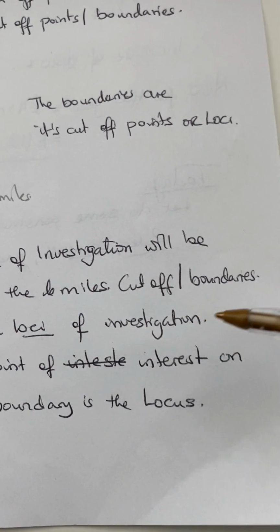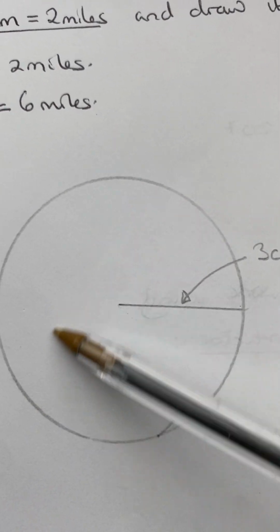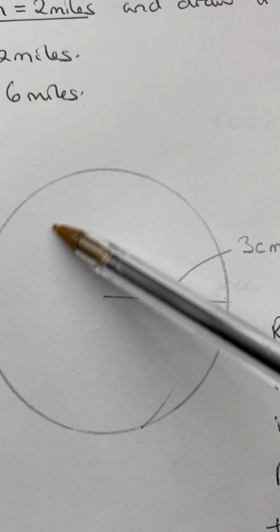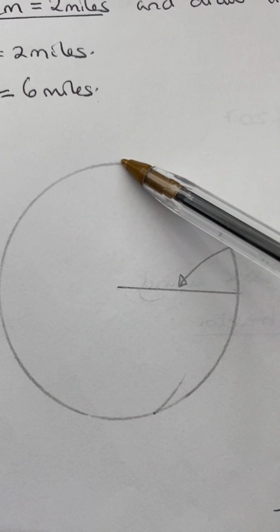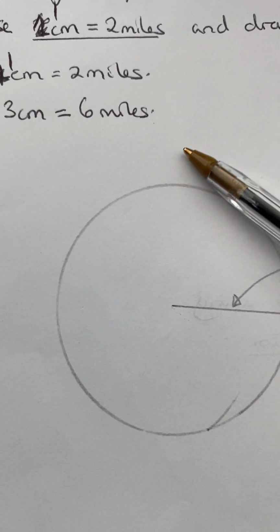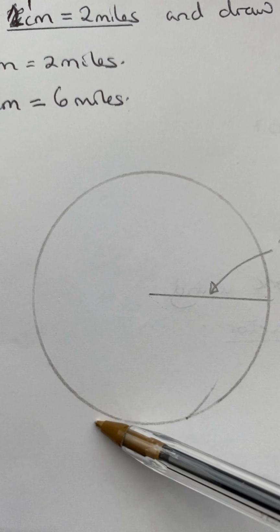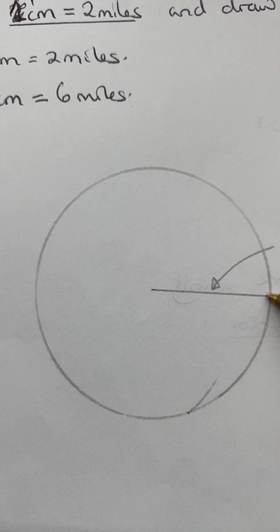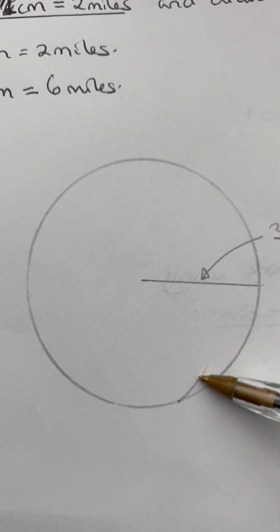A point of interest on the boundary is the locus. Within the boundary, there can be any point of interest, but these are all, if it's an incident, the cutoff point, and this is the loci of the investigation.